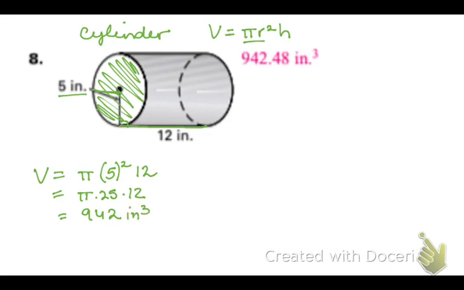Someone asked me, it's a very good question, if I've got 942 here, and they got 942.48, and I got 942 even, is that a problem? When your answer differs in these two digits to the right of the decimal point, there's nothing to worry about. The reason that happens is because for pi, we are using pi equals 3.14.